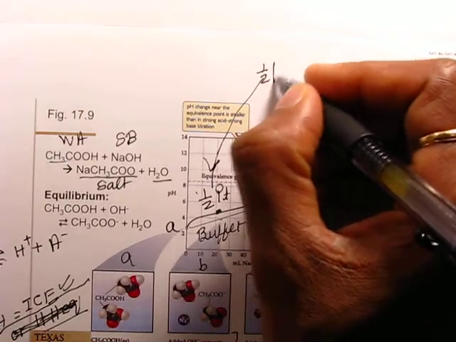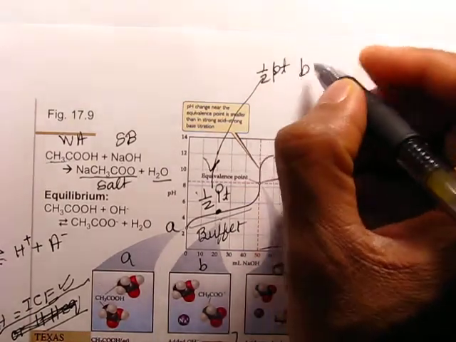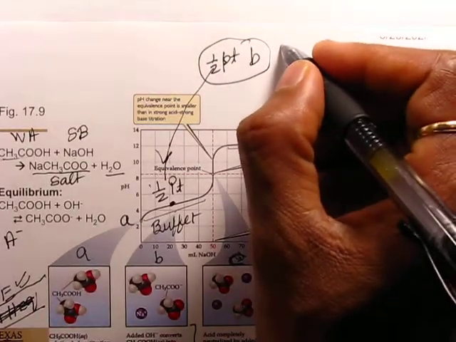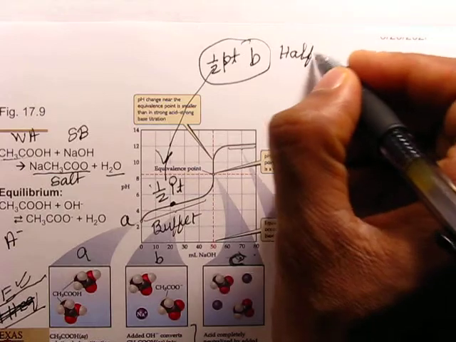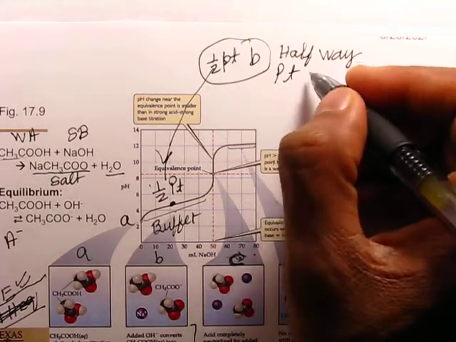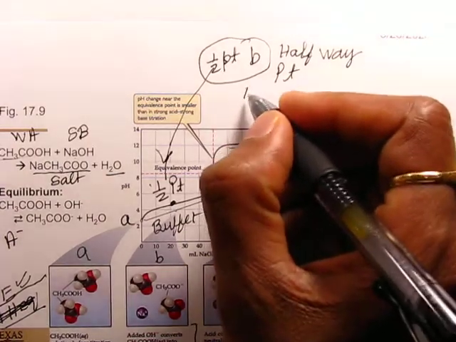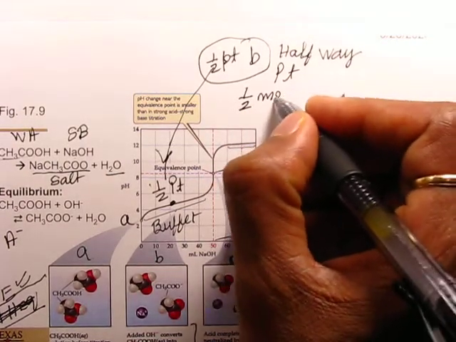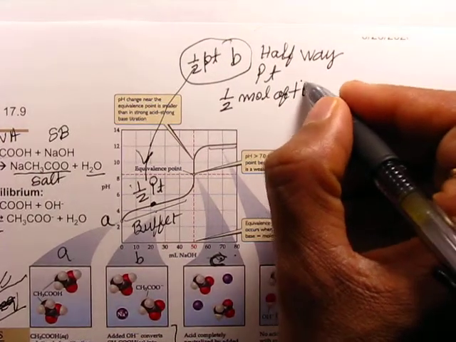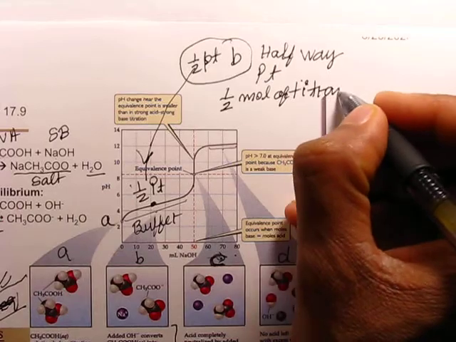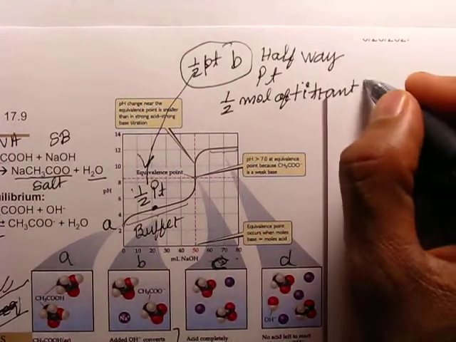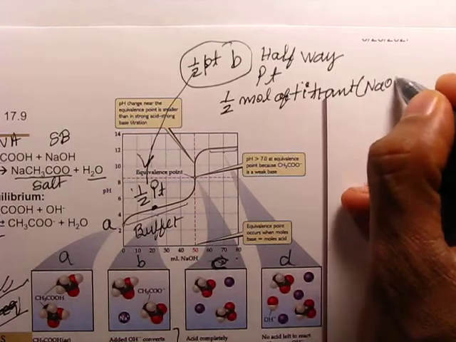At the halfway point, we have added only half a mole of titrant, meaning NaOH titrant, right?